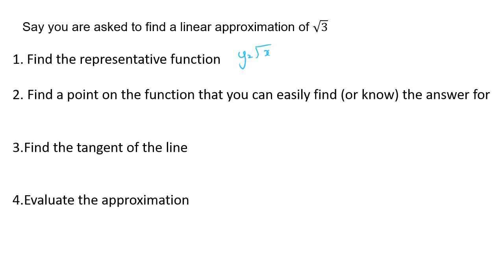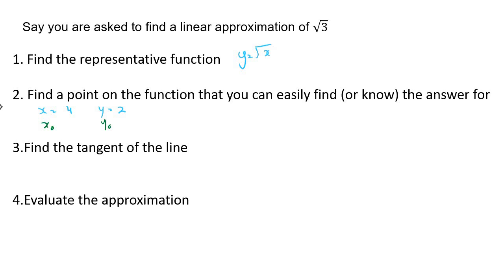Then you find a point on the function you can easily find or know the answer for. So here we know when x is equal to 4, y is equal to 2 in this function. We can also call this x naught and y naught.